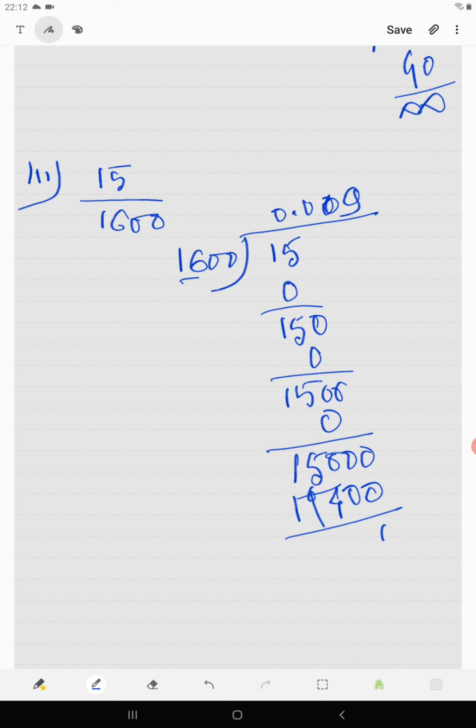Okay, so 0 0, 10 minus 4 is 6, this becomes 4, so 4 minus 4 is cut. Okay, so we have 600. Now a 0 will come. Okay, so what will we do next? 6000.